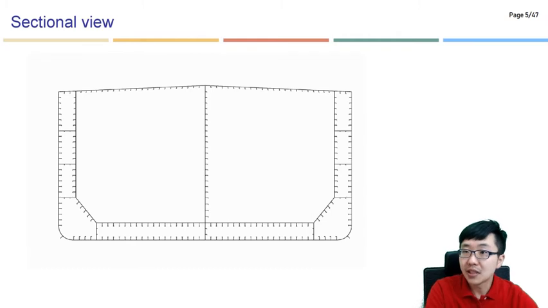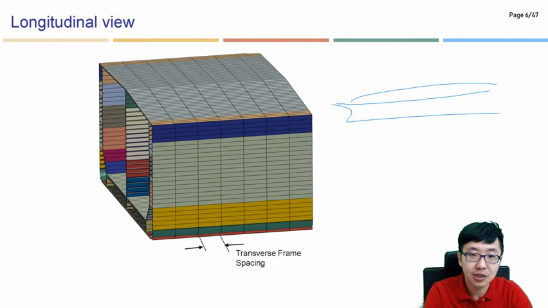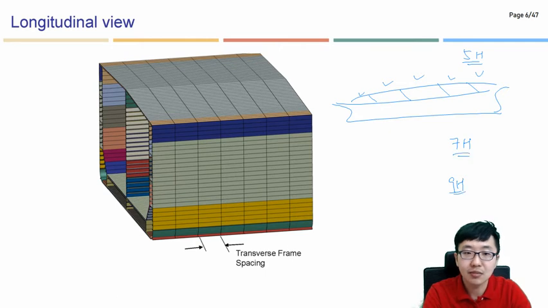So here, this is the sectional view, and this is the whole structure. As I explained earlier, this is the overall shape, and basically, for example, this is 1, 2, 3, 4, 5, a 5-hold system, or a 7-hold, or 9-hold, depending on the requirement.